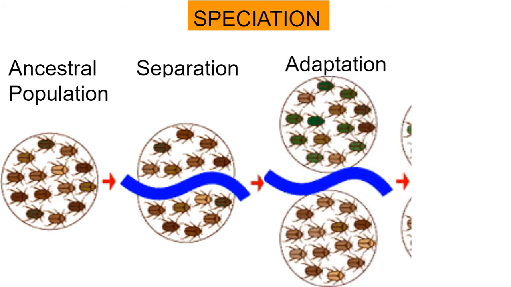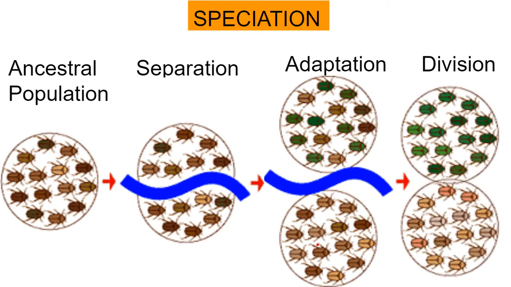Over time, in these new environments, each new population, which is reproductively isolated, will go through natural selection on its own. Each population will have overpopulation, inherited variation, a struggle to survive, and survival of the fittest. And because the environments are not identical to each other, their natural selection will occur, and each individual population will be slightly different from the others.